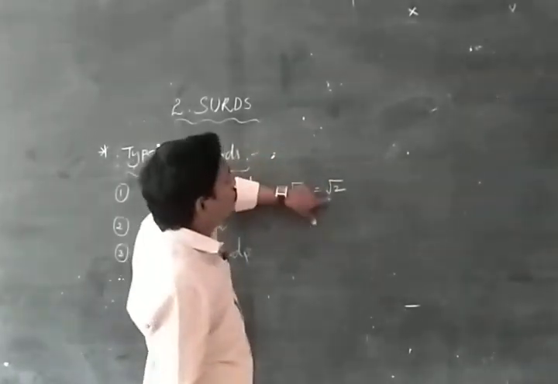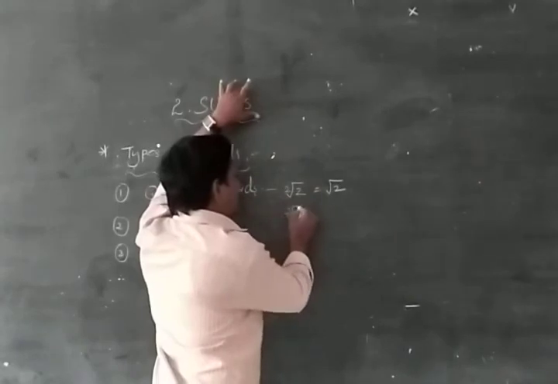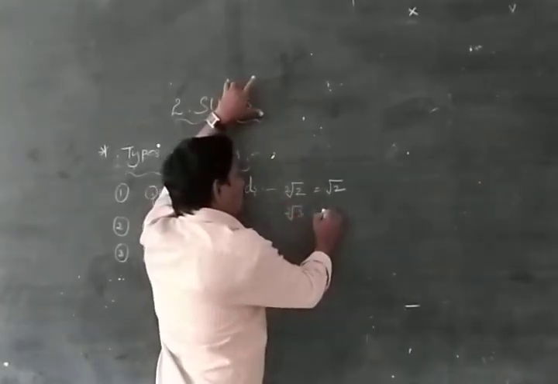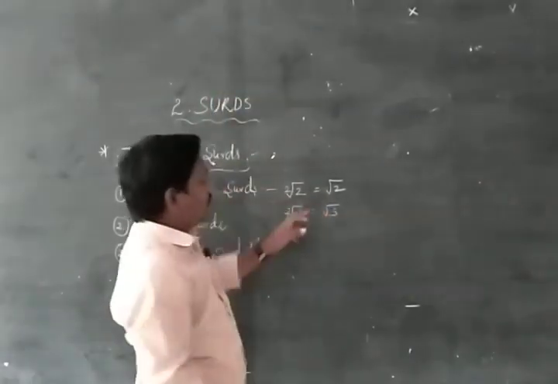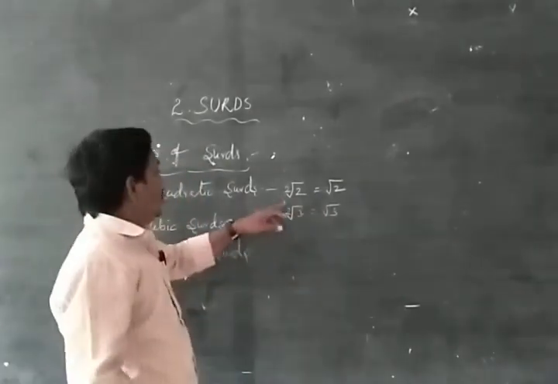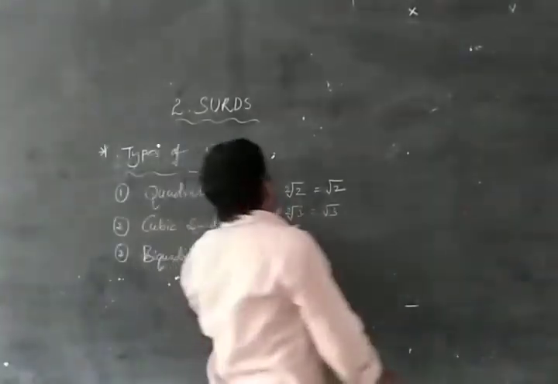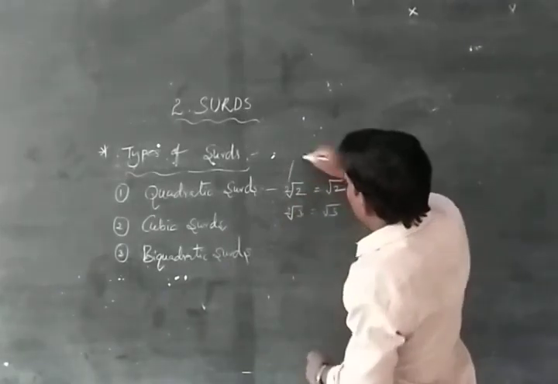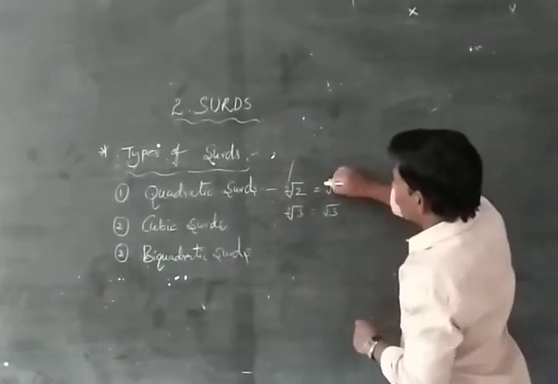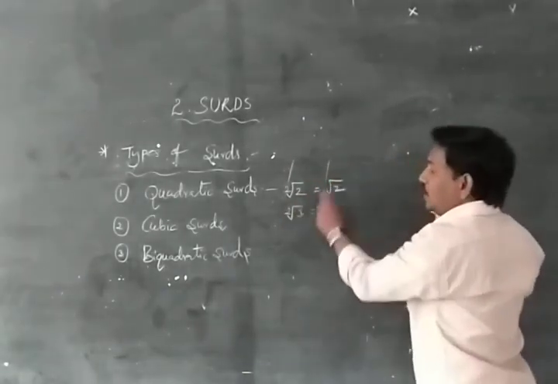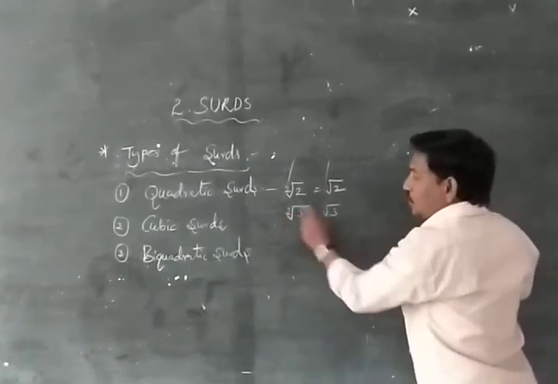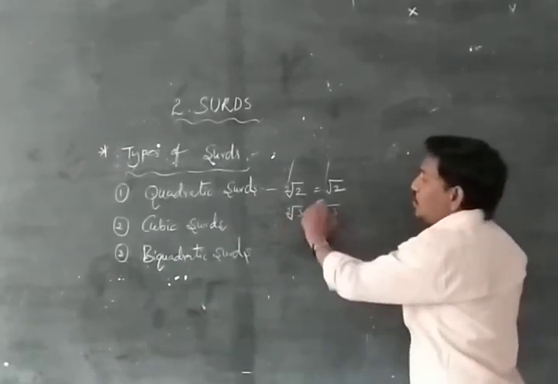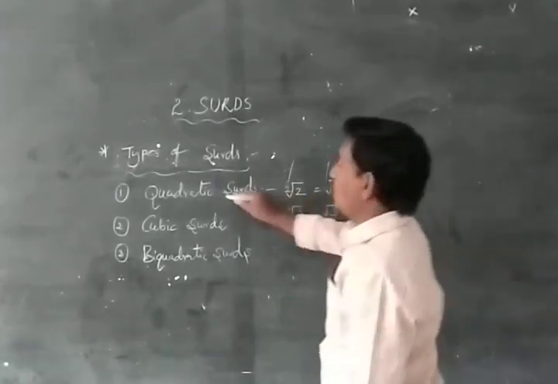Second order of 2 equals root 2 and second order of 3 equals root 3. Both are equal. What is the order of the surd here? 2. What is the order here? 2. So these are the quadratic surds.